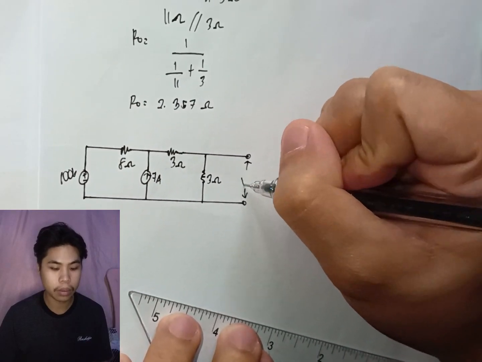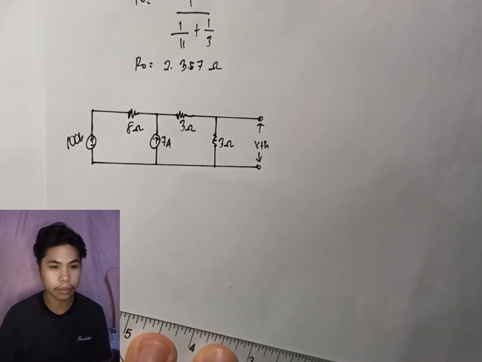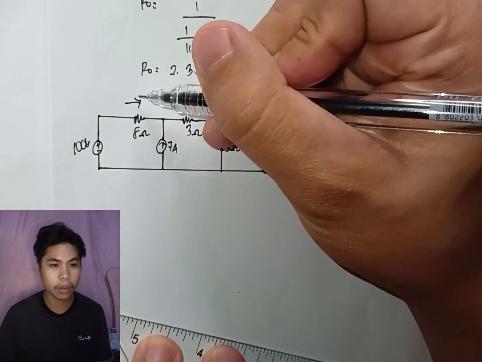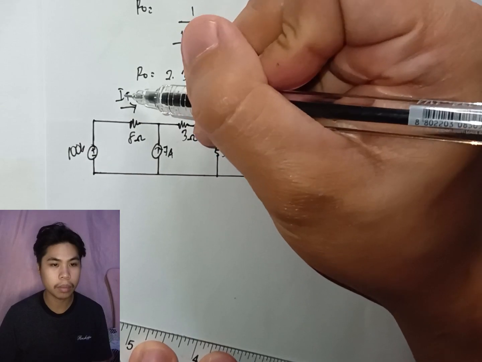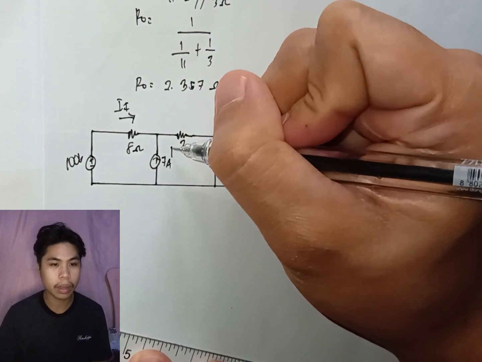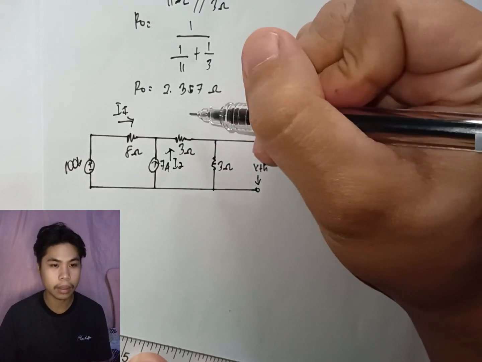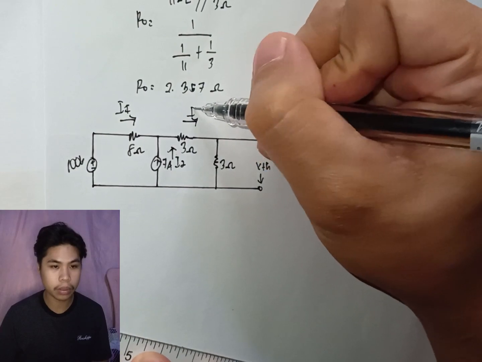And maglalagay tayo dito ng VTH. So yung I1 natin ay flowing papunta sa right, and yung I2 ay flowing pataas, and yung I3 ay flowing through right.